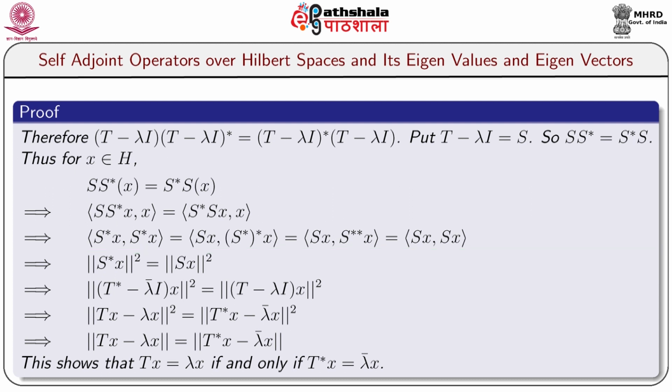This gives that norm S star x squared equals norm Sx squared, which implies that norm (T star minus lambda bar I)x squared equals norm (T minus lambda I)x squared, which implies that norm Tx minus lambda x squared equals norm T star x minus lambda bar x squared. This shows that norm Tx minus lambda x equals norm T star x minus lambda bar x, and this implies that Tx equals lambda x if and only if T star x equals lambda bar x.